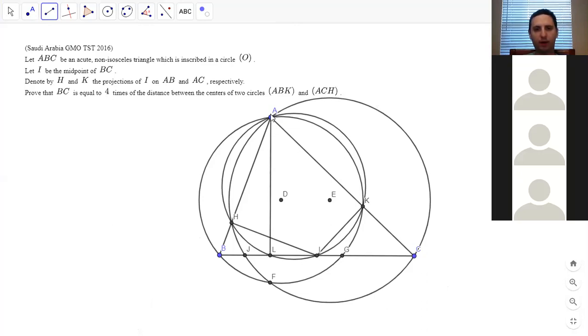So once we know that, how do we show DE? I think we might be able to use Casey's theorem, right? It's the radical axis. Yeah. Because LJ times LC is equal to half of LB times LC, which is LB times LG. So L lies on the radical axis of the two circles.